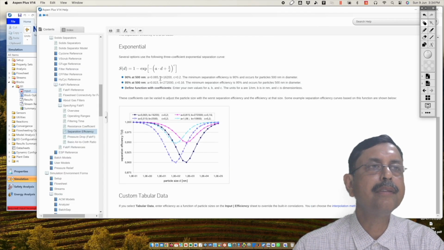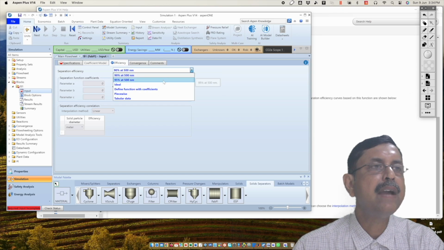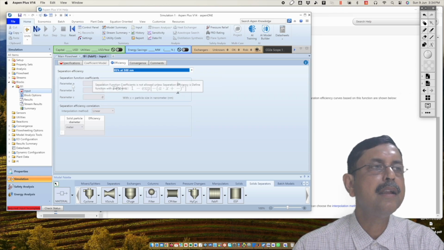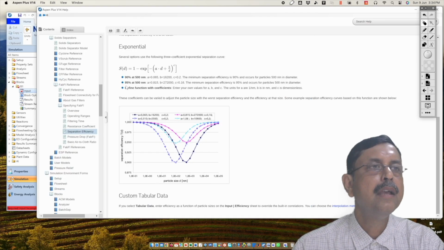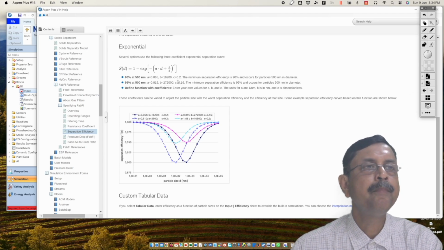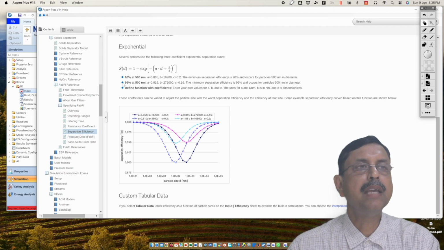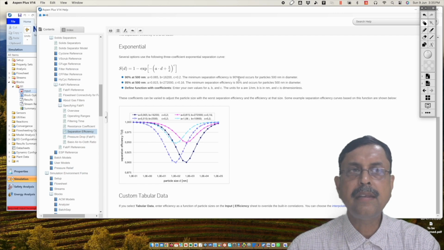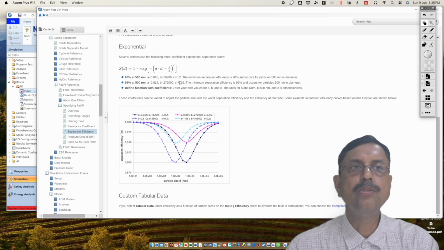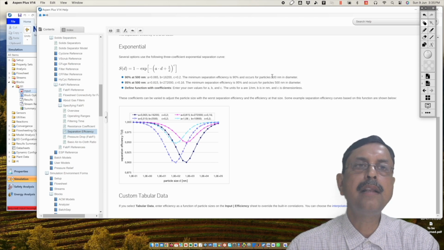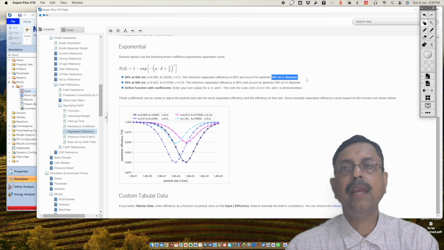A will be 0.065, B will be 16,200 and C will be 0.2. Similarly, if you choose the 95% at 500 nanometer, then A is equal to 0.815, B is equal to 272,000, C is equal to 0.16. That means if you choose either of them, the minimum separation efficiency is 90% or 95%, whichever case you choose, and occurs for particles 500 nanometer in diameter.